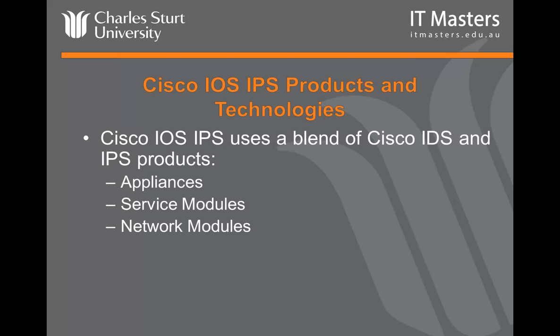An ASA is a firewall that you can have a little bit of IDS on if you want. An IDS is an IDS, but it doesn't do everything the firewall does, and it's no good to put it in the center of your network and expect it to do all your EIGRP or OSPF or BGP routing. Okay, so different devices, horses for courses.